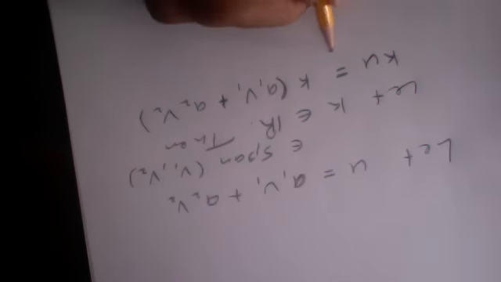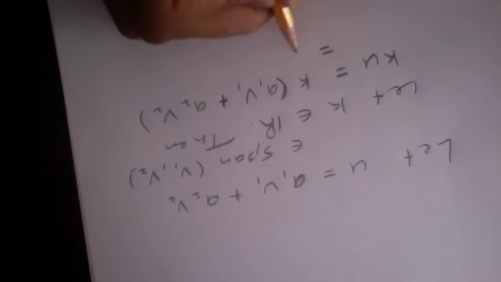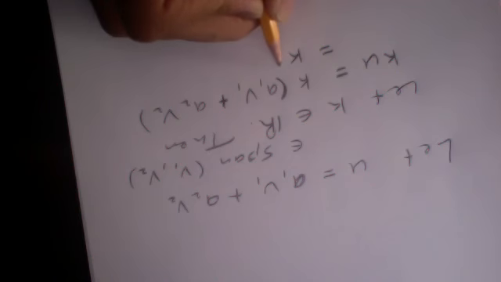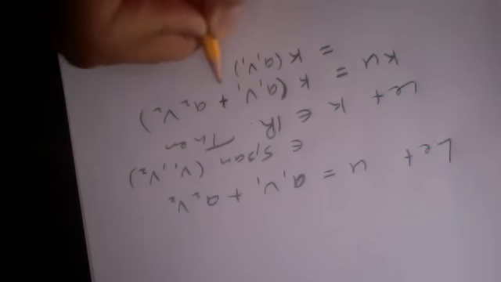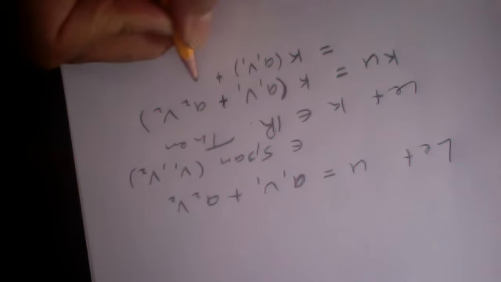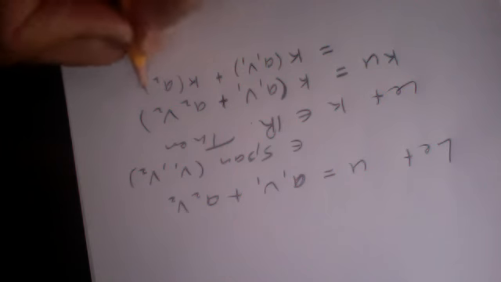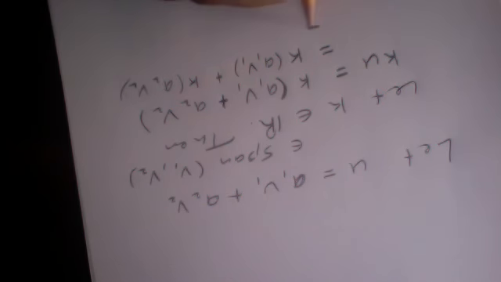And so using the distributive property here, that's going to be equal to K times A1 V1 plus K times A2 V2. And we know associativity is going to work here.